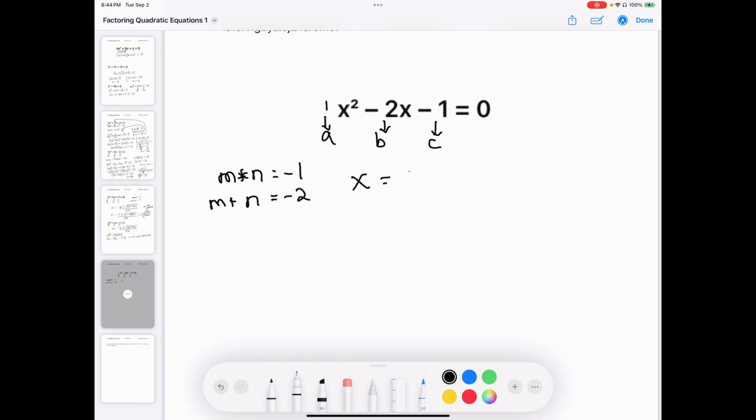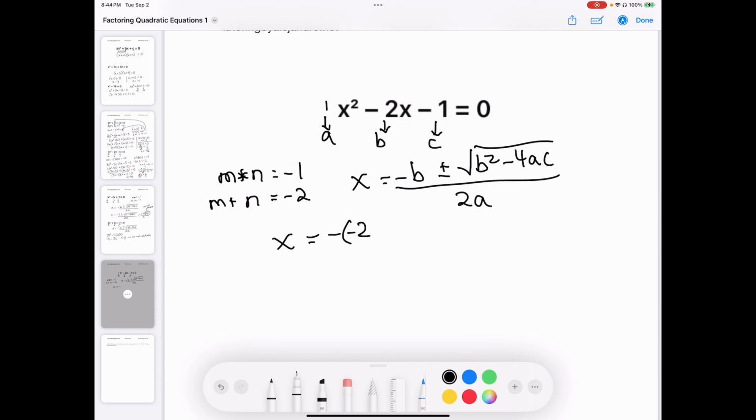So we have x equals -b plus or minus square root of b squared minus 4 times a times c, divided by 2a. Plugging in the numbers gives us minus -2, plus or minus square root of b squared, which is -2 squared, minus 4 times a, which is just 1, and then times c, which is -1.